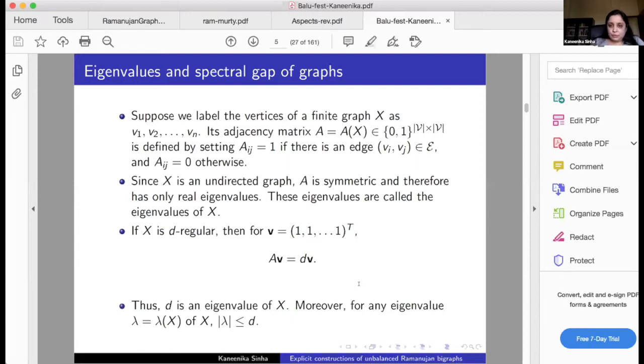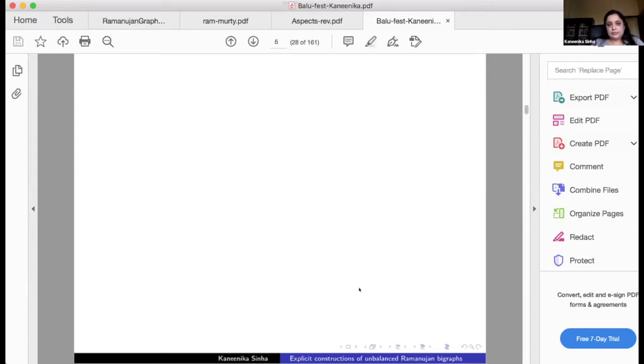Moreover, by some more work, one can also show that for any eigenvalue of X, the absolute value of the eigenvalue is bounded above by d.